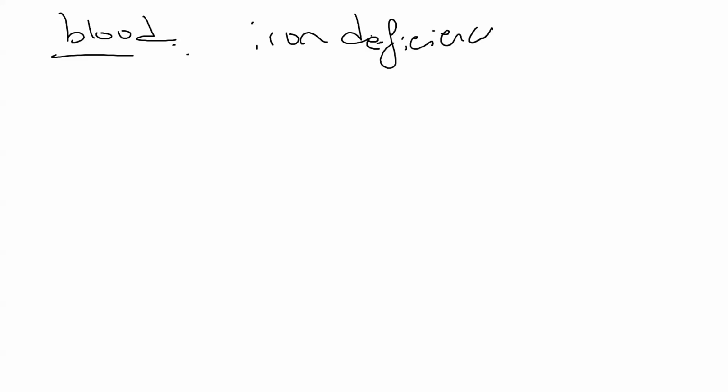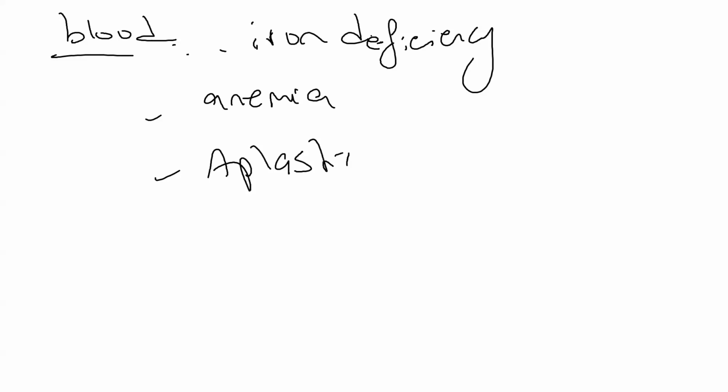Now for blood, the blood as a tissue, so blood diseases, you have iron deficiency, anemia, aplastic anemia. You have so many types of anemia, to be honest.